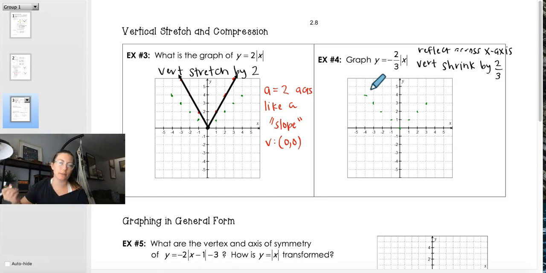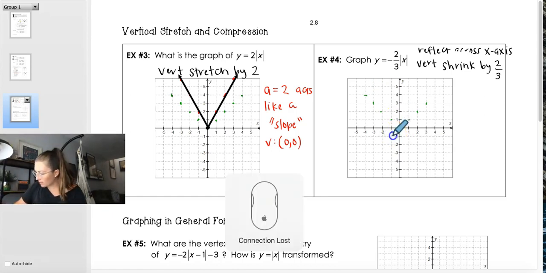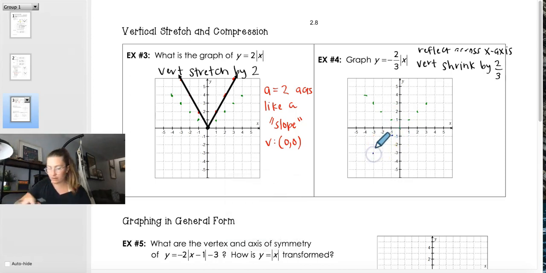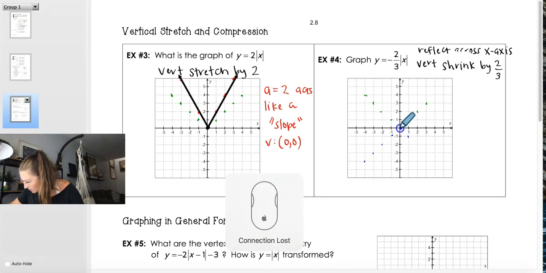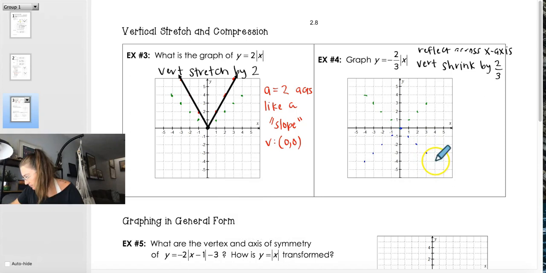First thing I'm going to do is reflect it across x. So now it's going to be going in a downward direction, still at 0, 0 though. Like so.